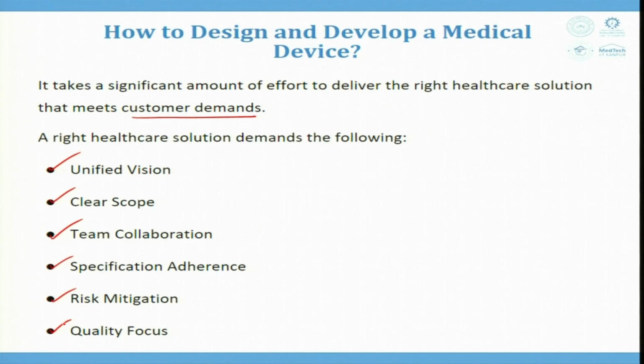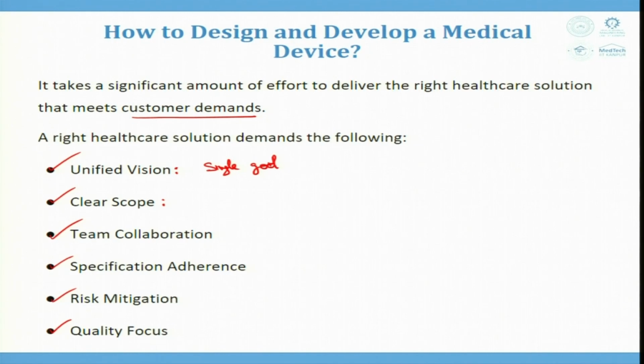When I say unified vision, this means alignment is crucial for an effective healthcare solution. All the stakeholders should have a single goal, that is, the vision has to be unified. Then clear scope. A well-defined scope starts with understanding the end user's needs.